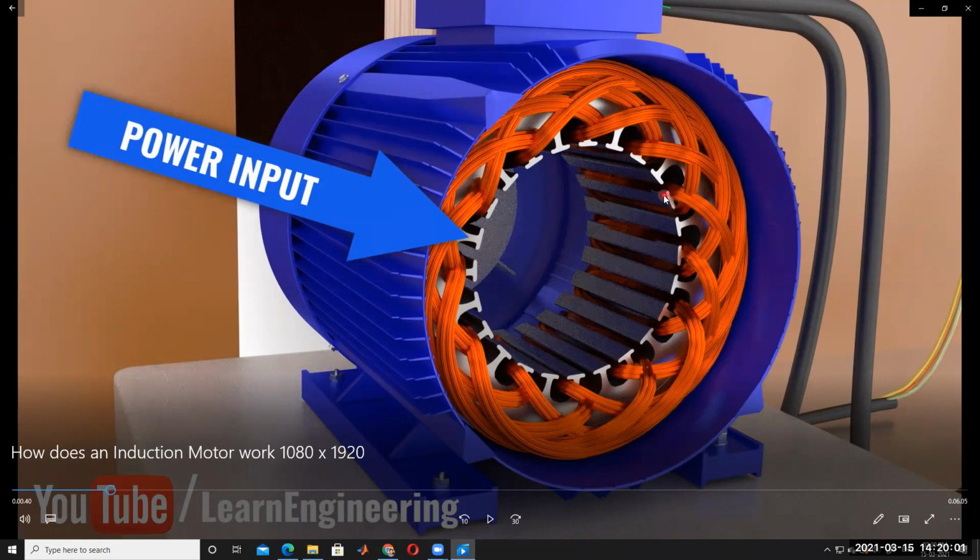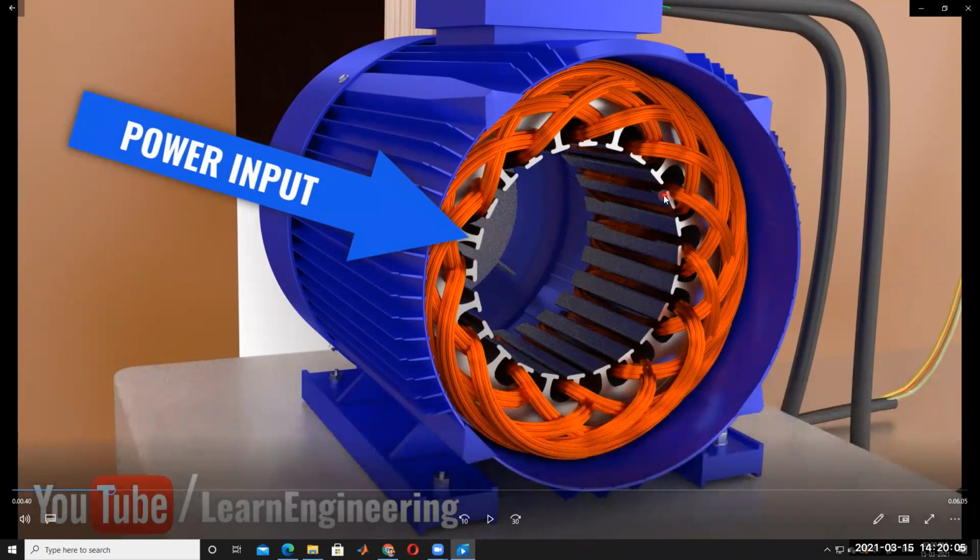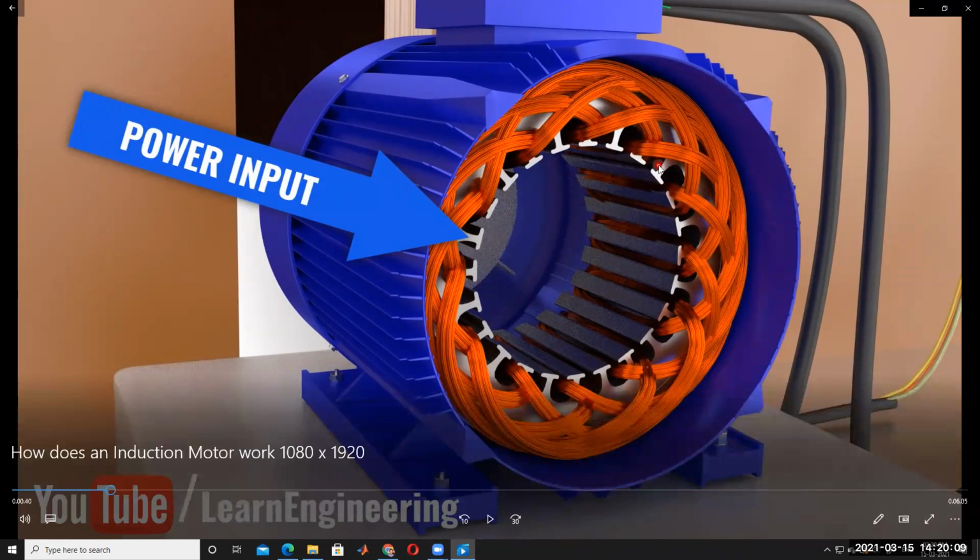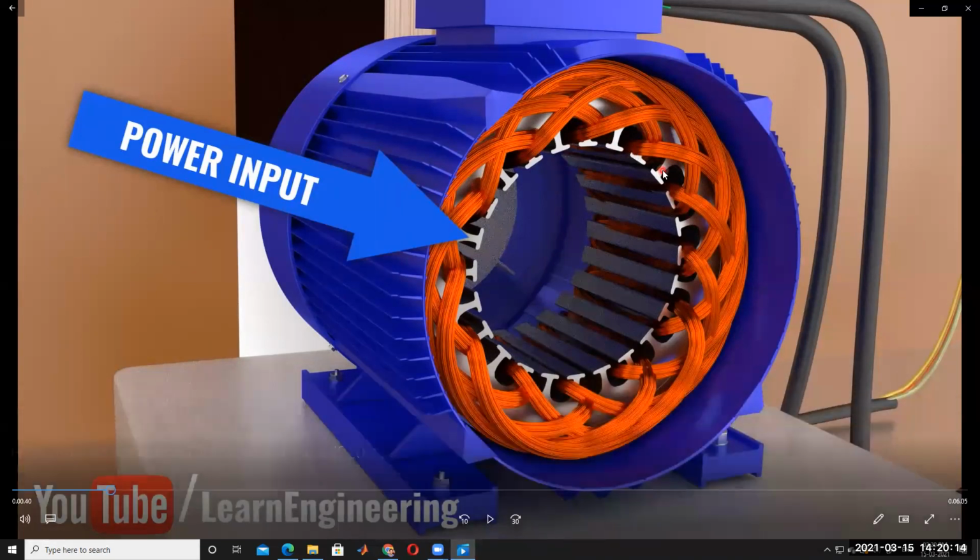In a single-phase induction machine, the magnetic field is not rotating. So a special arrangement is required in a single-phase induction machine, but in a three-phase induction machine it is not required. At least two windings are compulsory to produce a rotating magnetic field. A minimum of two windings, two phases, are required. But in a single phase, there is only one phase. So no rotating magnetic field is developed in a single-phase induction motor.